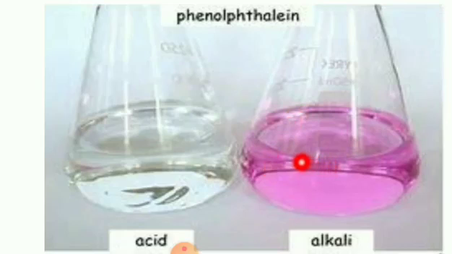Its alcoholic form is used as an indicator. That colorless solution added to acid shows no change in color, but in basic solution it turns pink. That basic solution is called alkali. In acid, that is acid. Do you understand, students?